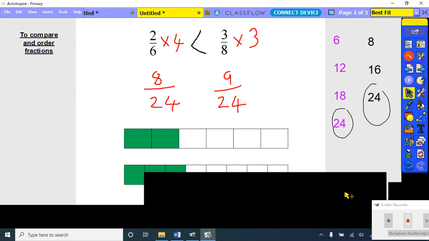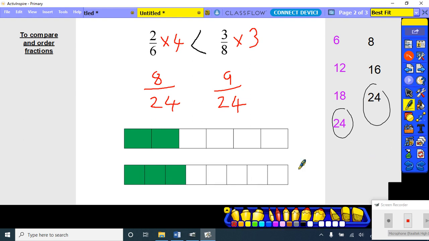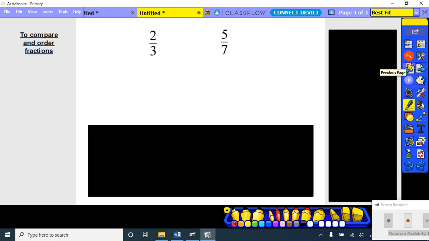Again, we can show this in our image below. Here is our 3/8, and you can clearly see it is greater than the 2/6. Pause the video now and have a go at this question on your own. Let's see how you did.